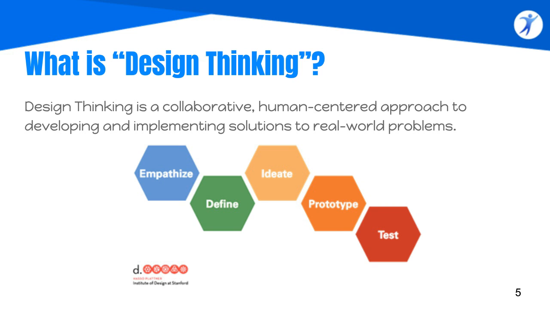So let's take a little bit of a look at just what is this idea of design thinking. If I have to define it, and you will find a lot of different definitions online for this, but I kind of like this definition for some of the adjectives it uses. Design thinking is a collaborative, human-centered approach to developing and implementing solutions to real-world problems.